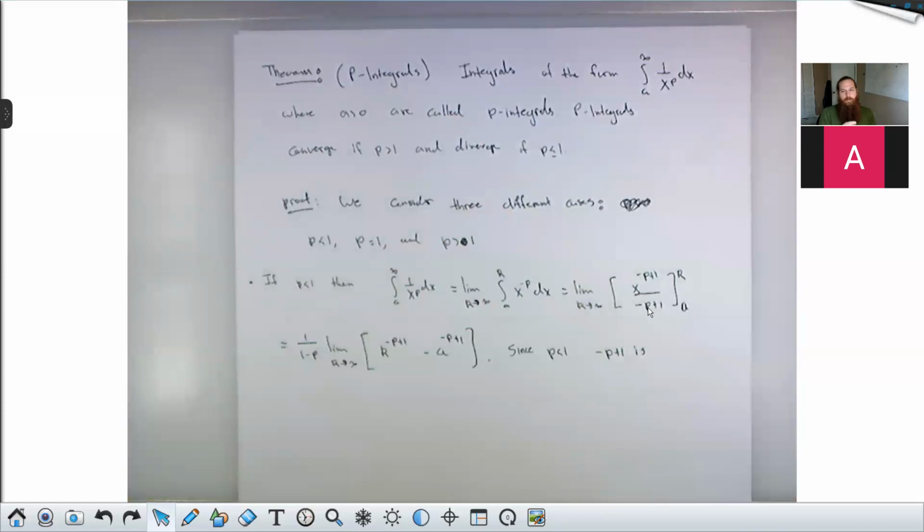Good, right? The p piece here is negative, and if p is small, then the 1 will win, right? Think about an example where p is less than 1. If p is 0, then negative p plus 1 is positive. If p is 1/2, then negative p plus 1 is positive.